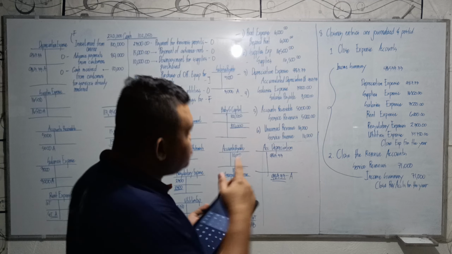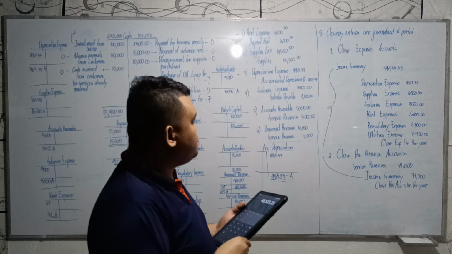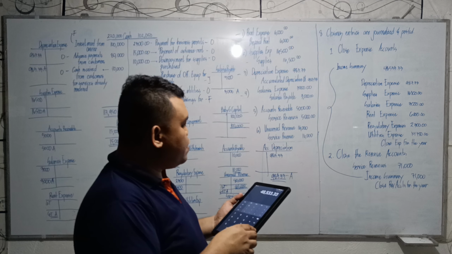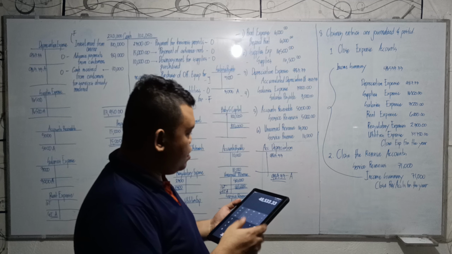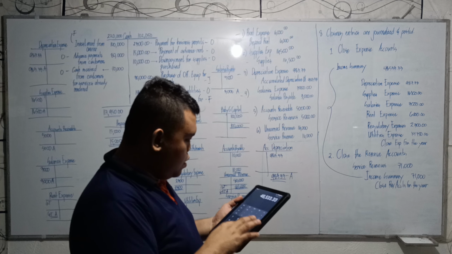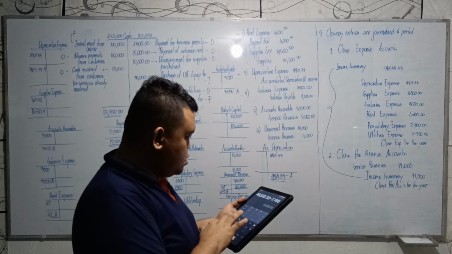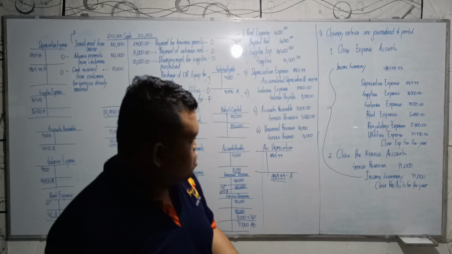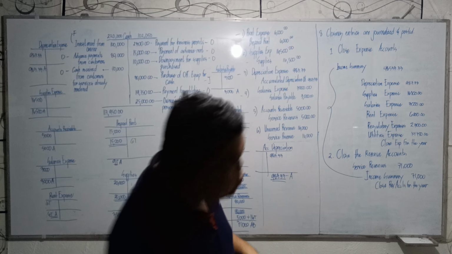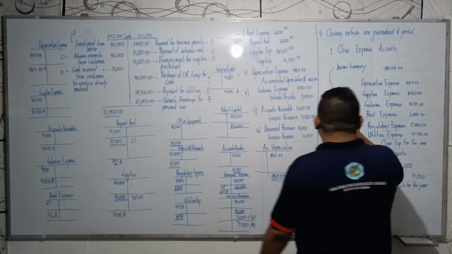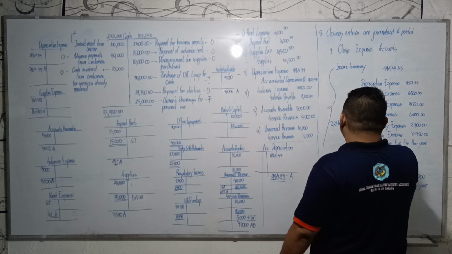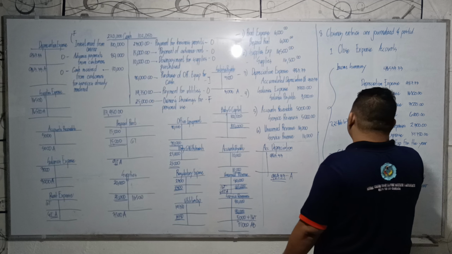So that particular income summary that you have there has 48,533.33 debit, and the credit is 71,000. So that means the net is 22,466.67.